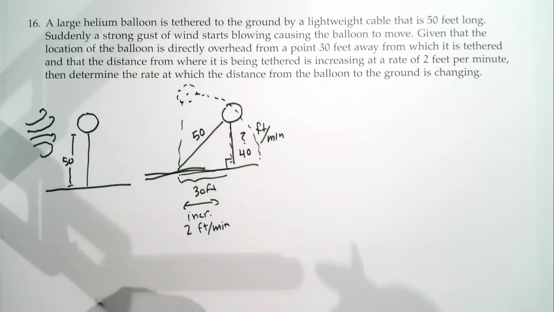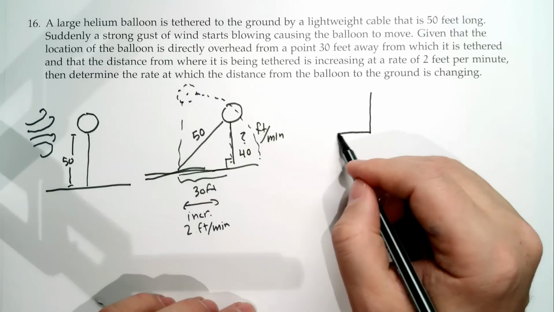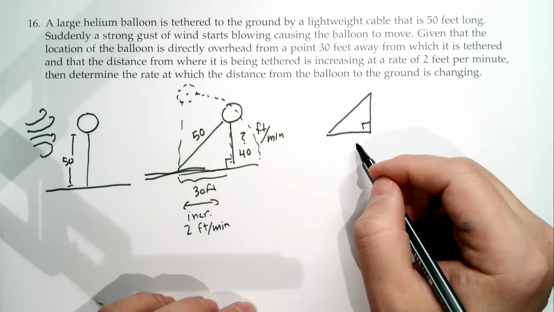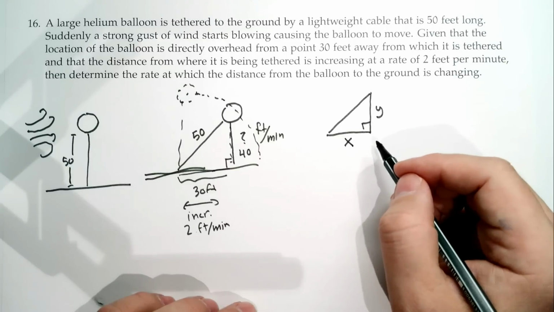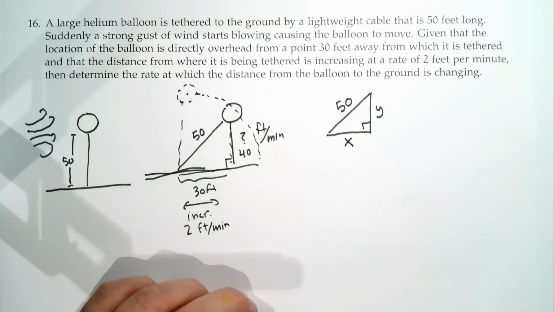Life is good. We need to label things. So let's just strip away our picture here, and we label things. Anything that can vary, we attach a variable name. So x and y, those two sides can vary. Anything which doesn't vary, just write in what the value is. So 50. The hypotenuse can't vary. And now we say to ourselves, okay, what do we do?